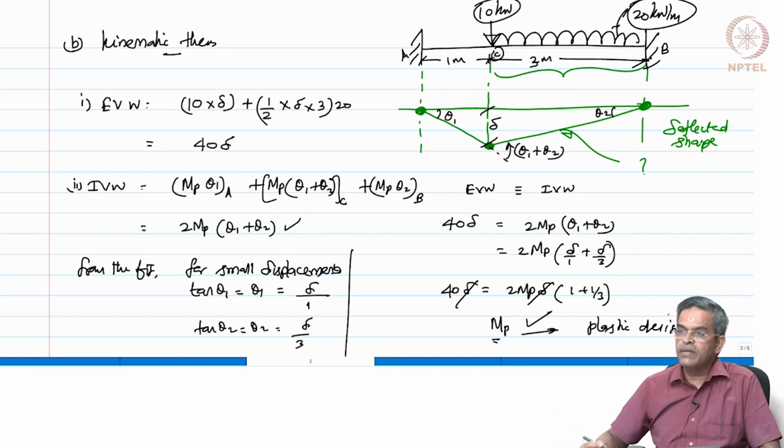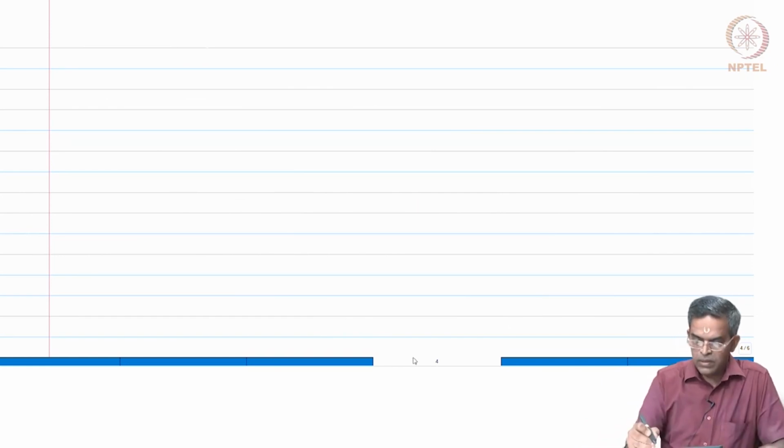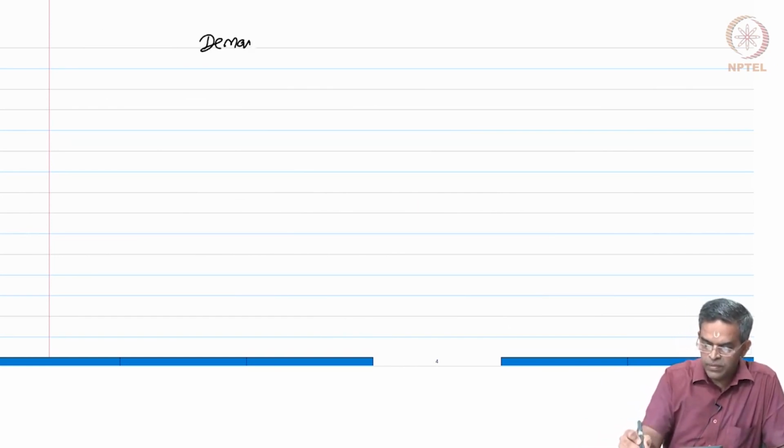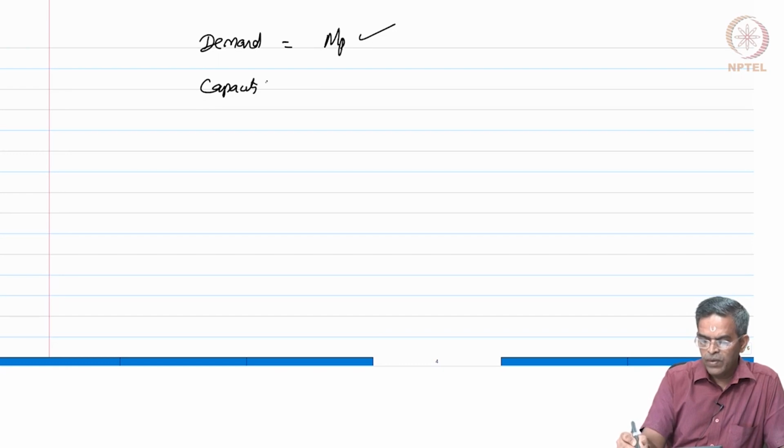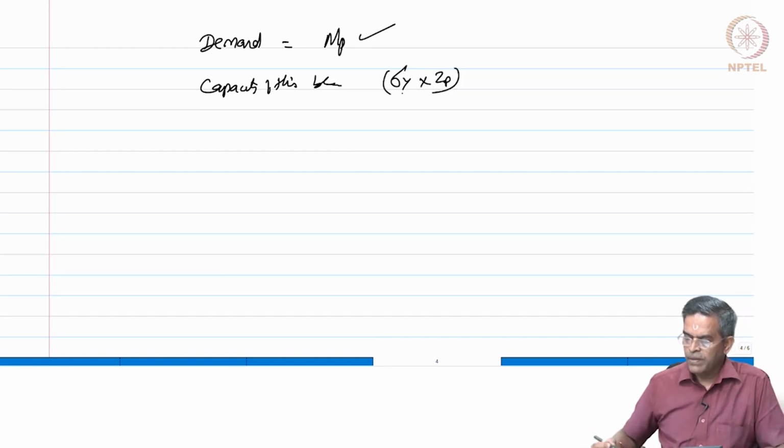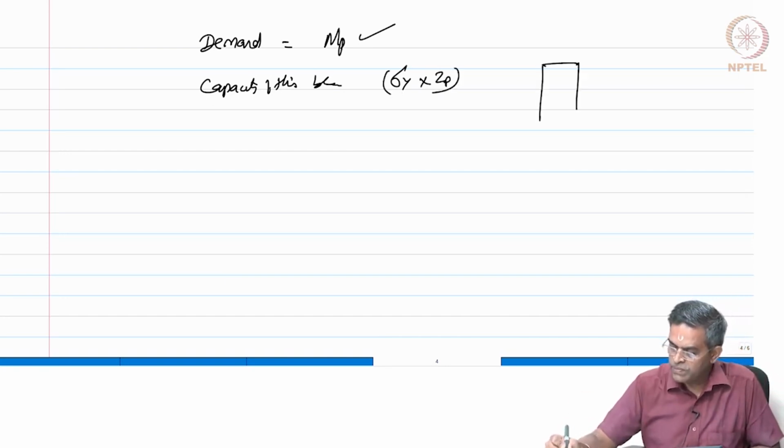So, now I am estimating the demand. The demand is 15 MP, sorry. The capacity of this beam is sigma y into Zp if I know the cross section.